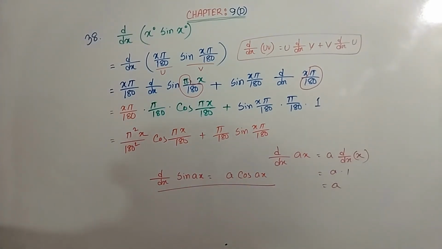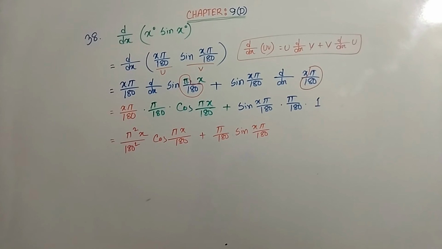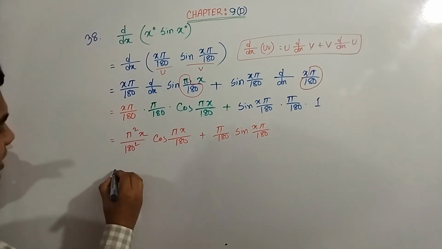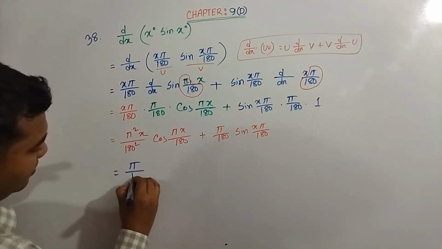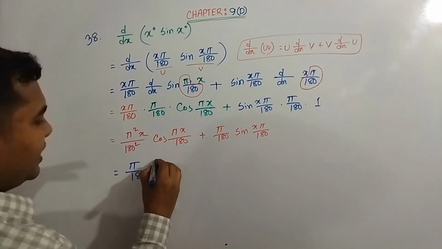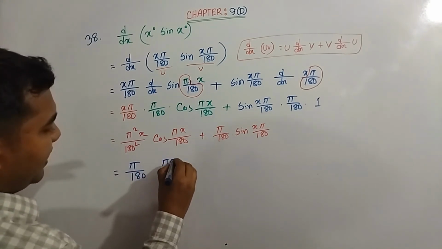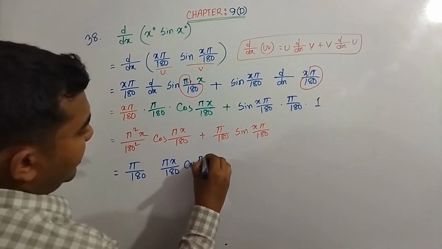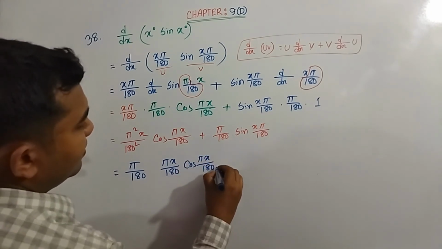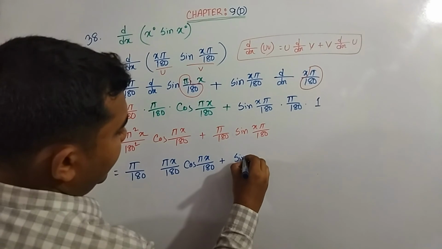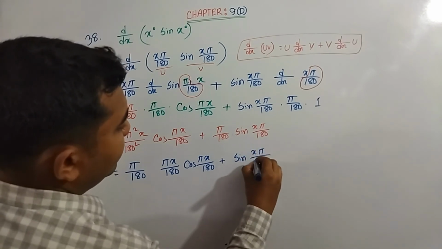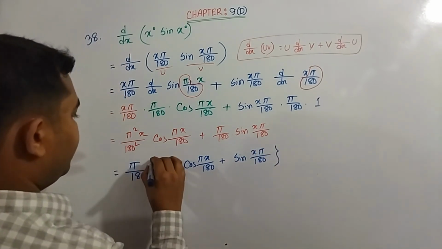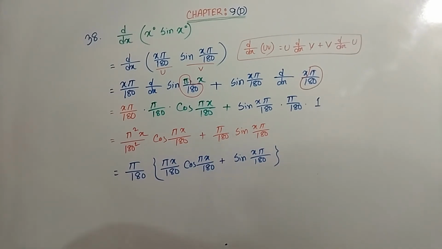You can take pi by 180 common in here, so taking pi by 180 as common, then we will get pi x by 180 cos pi x by 180 plus sin x pi by 180. So here we have found our first answer.